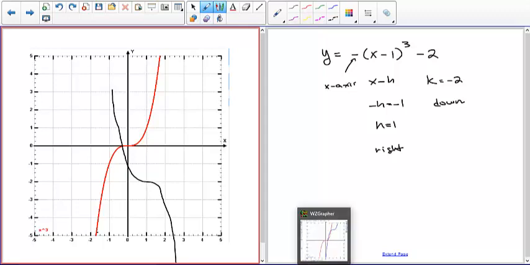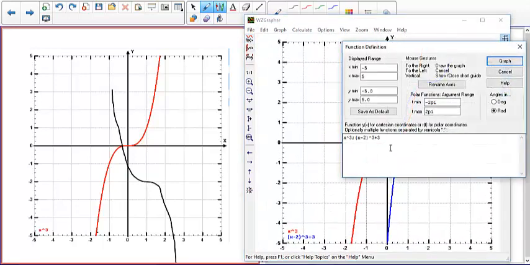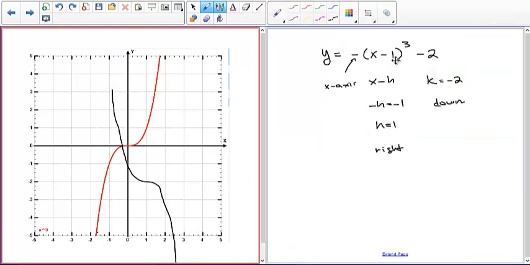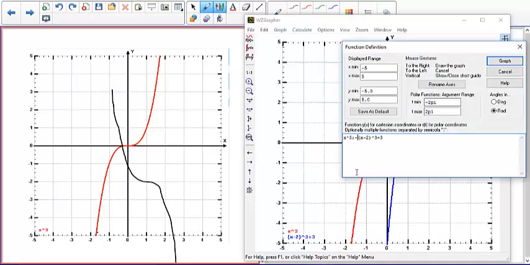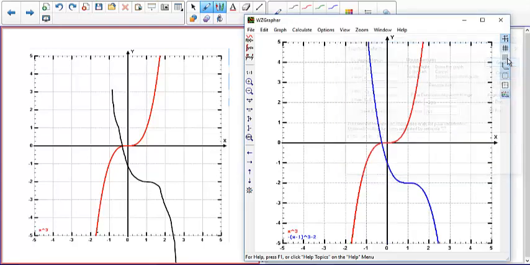And then we go check it. There's a negative sign out here, and we had x minus 1, minus 2. Graph. Okay, so there you actually can see it. Looks good.